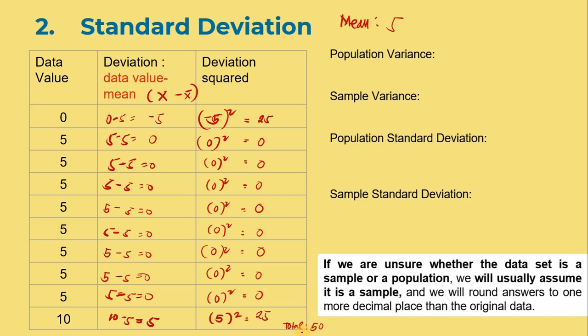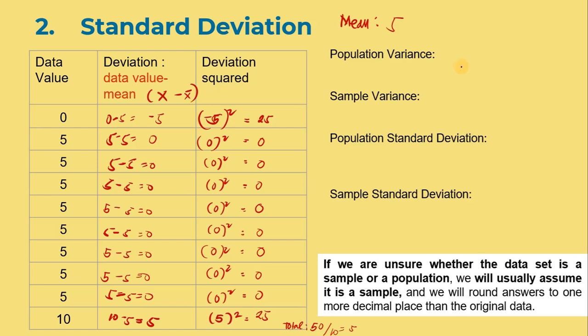50. So the total of 50 we can now use when we solve the variance, the sample variance. The sample variance is just the average distance. So 50 divided by the total number of distances, the distance from the mean. So 50 divided by 10, that's 5.